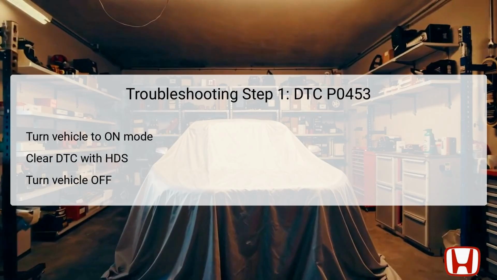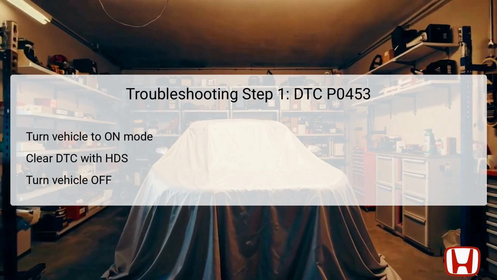To begin troubleshooting DTC P0453, start by ensuring the vehicle is in the on mode. This step energizes the vehicle's electric systems, allowing for the next actions to be performed. Use the Honda Diagnostic System, HDS, to clear the DTC and reset the vehicle's diagnostic data.